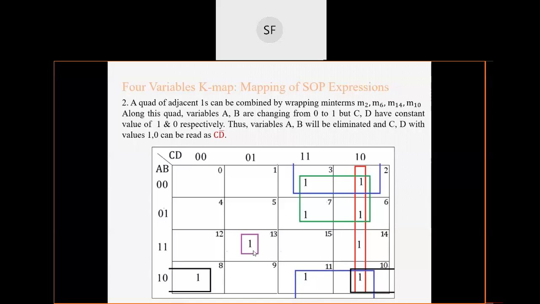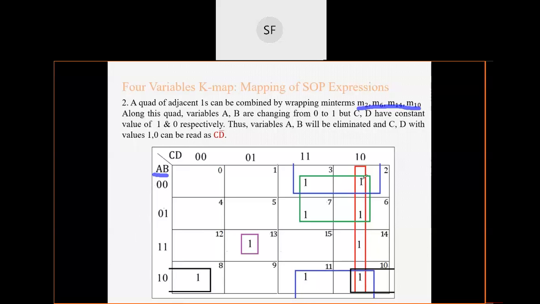Okay, so we have already discussed the isolated term. So we will quickly move towards other terms. How will you collect other terms? A quad of adjacent ones can be combined by wrapping M2, M6, M14 and M10. Here it is talking about a red rectangle. Along this red rectangle, the values of A and B are varying.